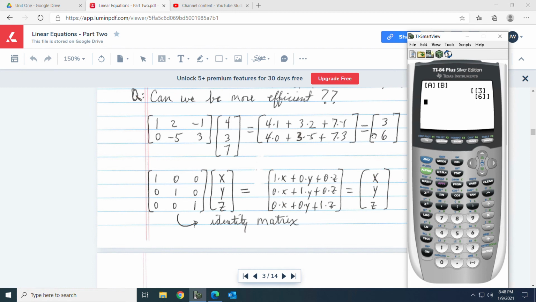And we get that 3, 6 column vector that we did on the previous video when we just did it by hand. But anyway, that's how you would do it with multiplication. Again, you can do it with or without the multiplication symbol between them. Either way will get it done.